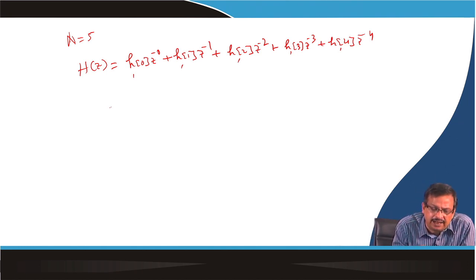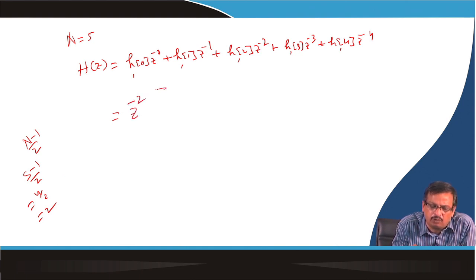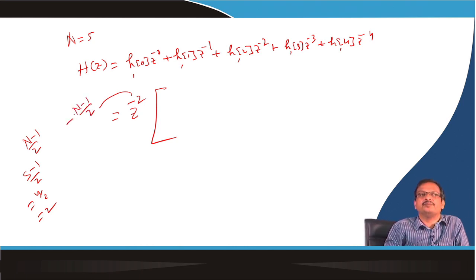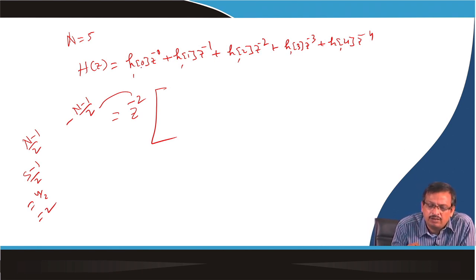Now if I take (n minus 1) divided by 2, what is (n minus 1) divided by 2? 5 minus 1 divided by 2. So it is nothing but 4 by 2, which is equal to 2. So if I take z to the power minus 2 common, which is nothing but z to the power minus (n minus 1) divided by 2. Then if you see this one, there is a 0, so I take minus 2.